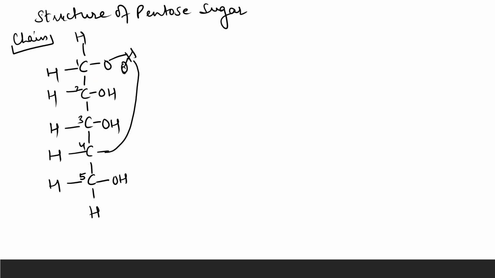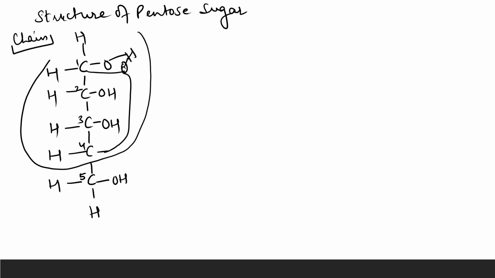So the whole story will be like this. Now this whole will make a ring structure, and C5 will be standing outside of this.